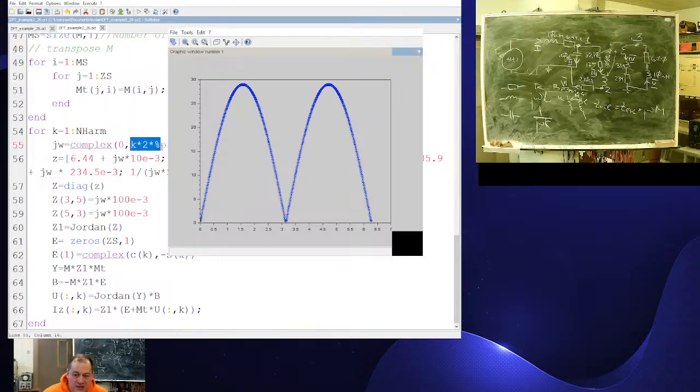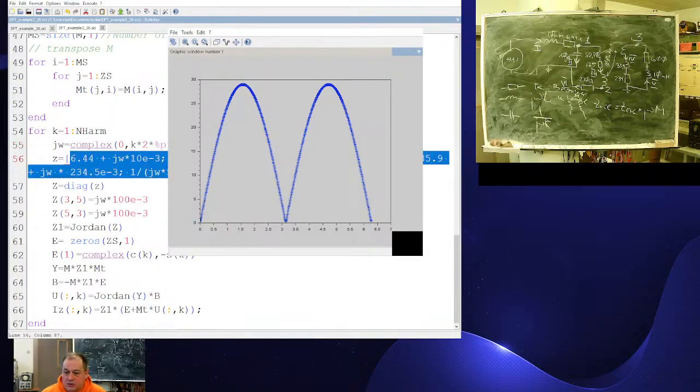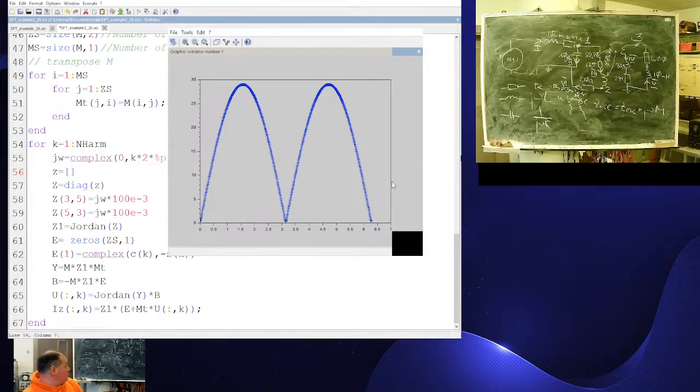What's this? K double P multiplied by F. Double P multiplied by F is an omega, an angular frequency. K is number of harmonic, for base 50 Hz, 200 Hz. For each one, this one needs to be revoked. This one is not fine.